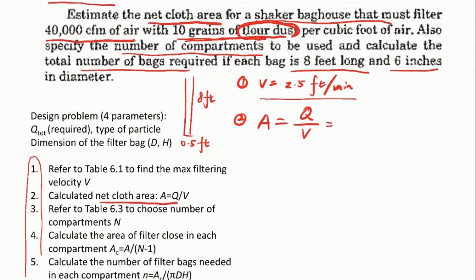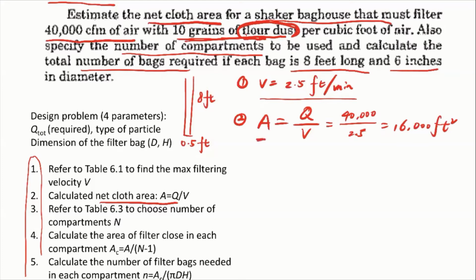We know Q is 40,000 cubic feet per minute, and then we divide that by 2.5 feet per minute, right? Theoretically, we should use standard units, but since the units are unified in terms of feet and minutes, we can directly put in this number here. The number comes out to be 16,000 square feet, right?